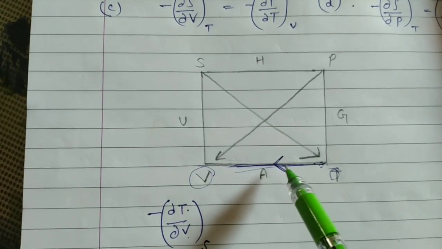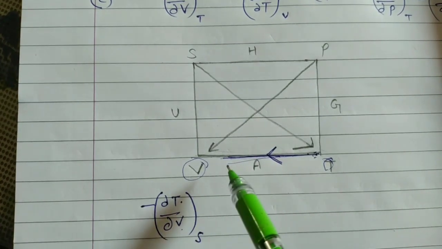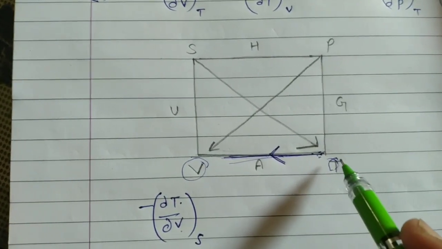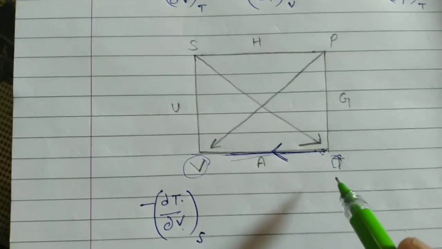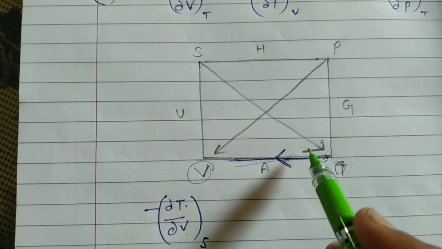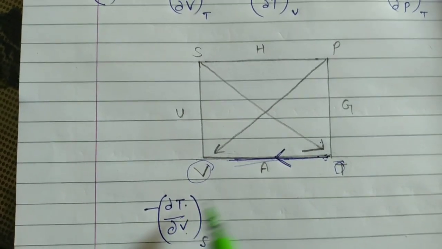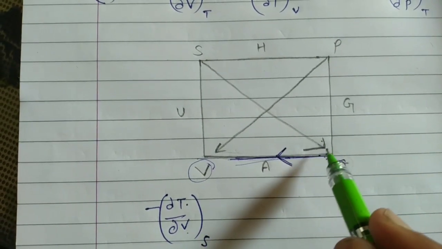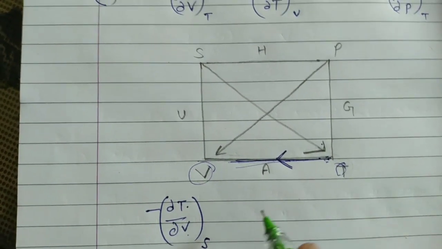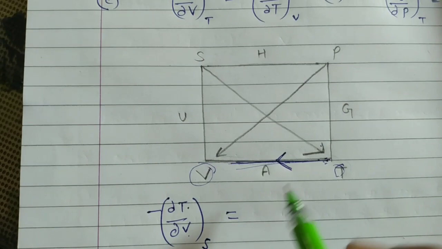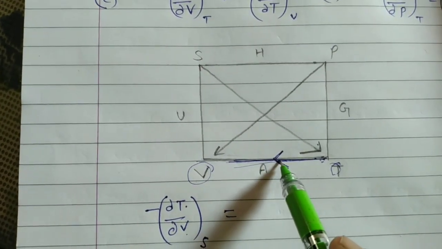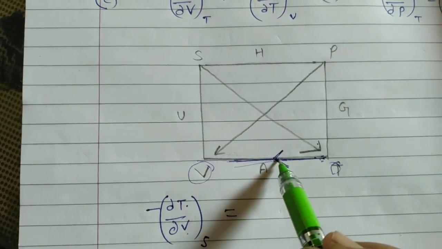And the next rule is we have to choose the sign. The sign will be negative because, as I already told, the sign is decided by the numerator, and an arrow is directing towards the numerator. Here the numerator is temperature and an arrow is directing towards the temperature, so the sign will be taken as negative. So this will be equal to, we have to choose the line which is just opposite to this side.